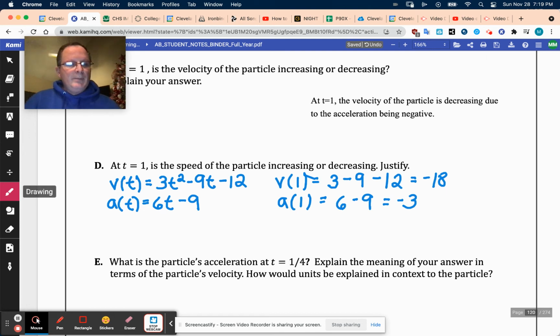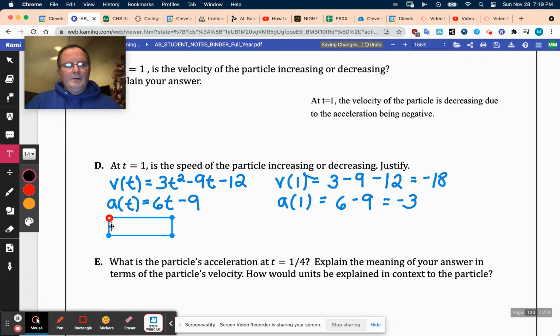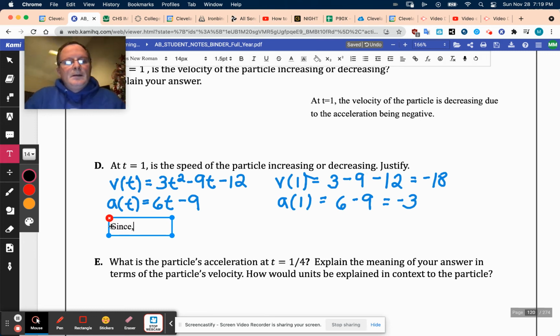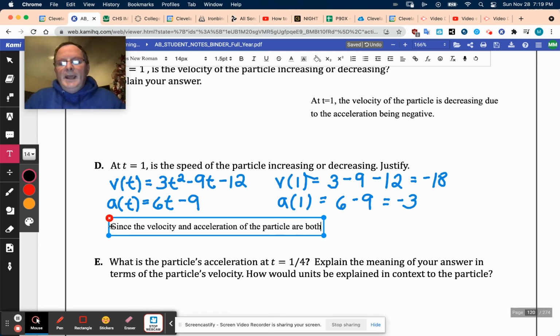All right, and your justification would be, since the velocity and acceleration of the particle are both negative at t equals 1, or you could say they both have the same sign, whatever.